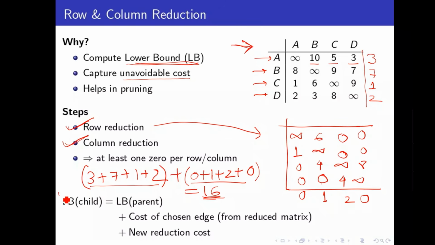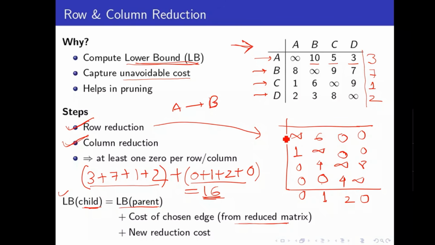Now, what is the lower bound cost? It is equal to the lower bound of the parent. Then, if you are moving from parent to child, there will be an edge cost. So if you go from A to B, you have to take the edge cost in the reduced matrix.